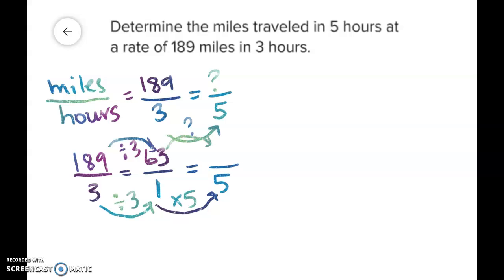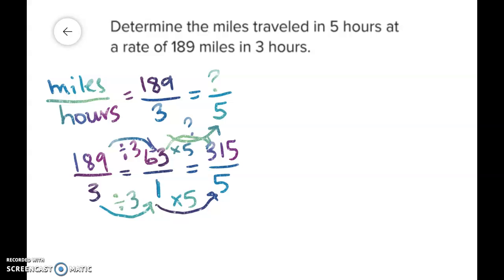And because of equivalent rates or ratios, then I need to do that exact same thing to the 63. So I'm going to go ahead and, again, good time to use a calculator. 63 times 5 is 315. So I've used unit rate to solve this problem.